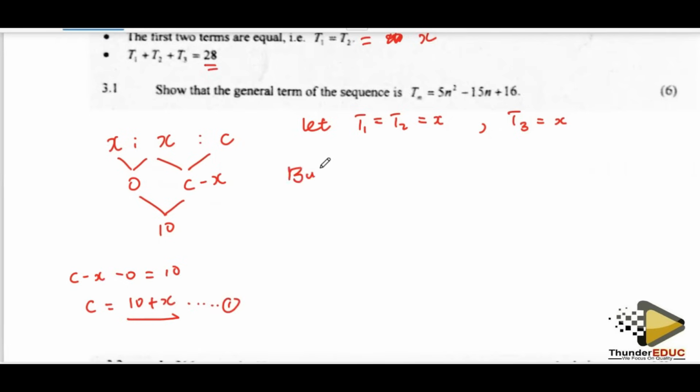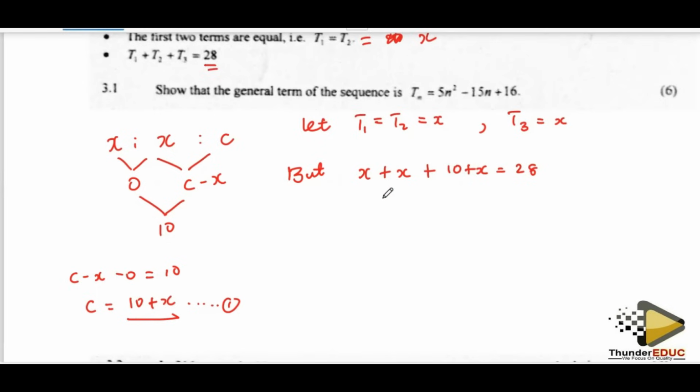But we know that T1 plus T2 plus T3, which means if I have my x plus x plus the T3, which is my c now, it's going to be 10 plus x, must give us 28. I'm trying to get the value of x first and then get the general term.